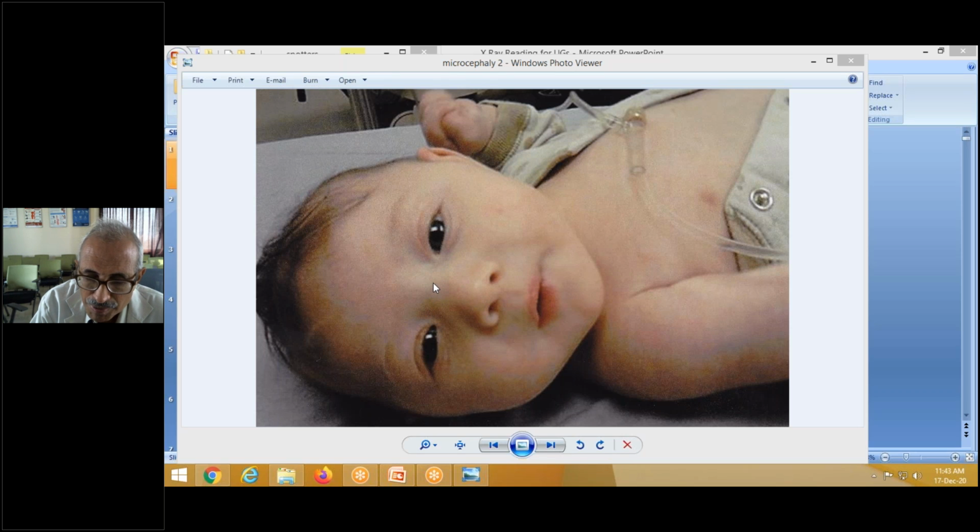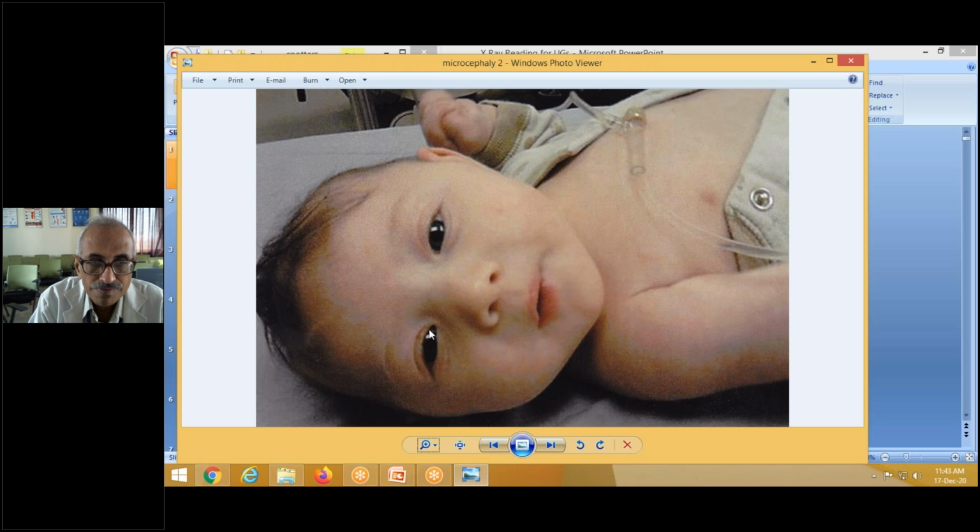Hypertelorism. The actual definition of hypertelorism is that the distance between the two inner canthi is greater than the palpebral fissure. The palpebral fissure is from the inner canthus to the outer canthus, and this distance should be equal.